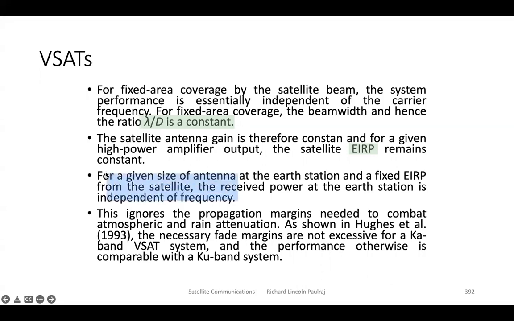So we make sure that it is independent of frequency, so that, as we saw in the previous section, if we want to use C band or KU band, which is very much dependent on the frequency, then if I change the frequency, it's not going to have much of an impact. Okay. This ignores the propagation margins needed to combat atmospheric and rain attenuation.